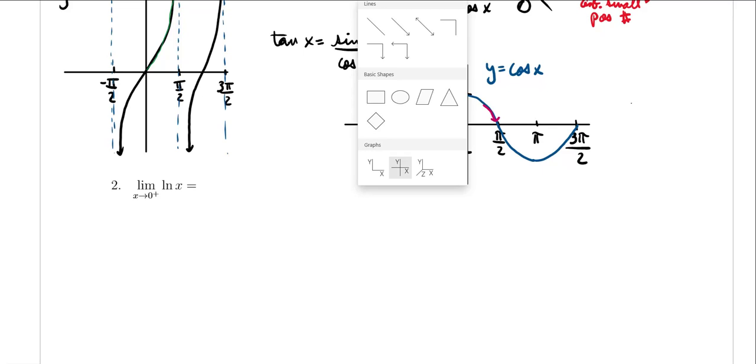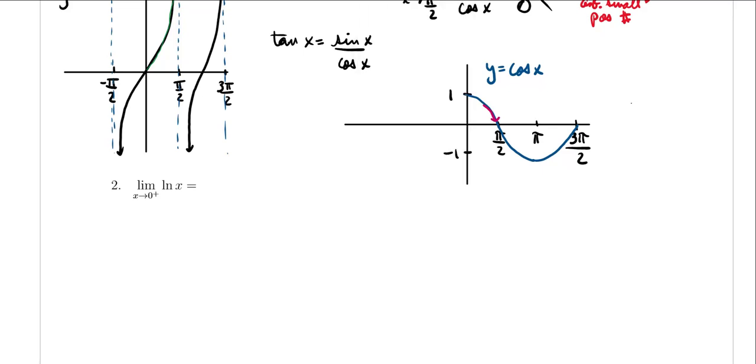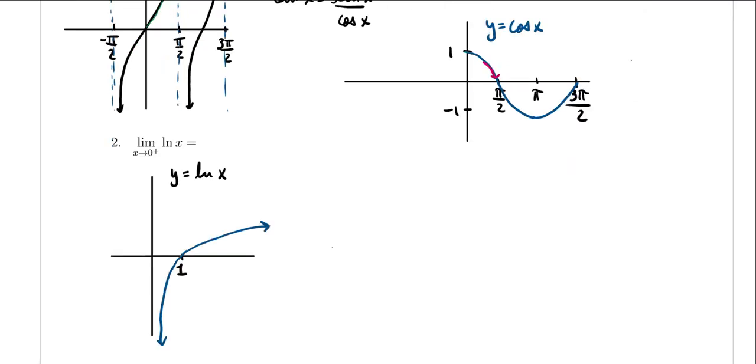So I'm going to go ahead and make a sketch here for the natural log function. Alright, so this is a sketch here for the natural log function. Here we have the x value of 1, where the natural log is 0. Here we have the x value of 0. What is happening as the x's get closer and closer to 0? What is your y value getting closer and closer to?